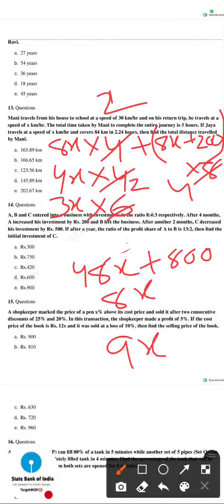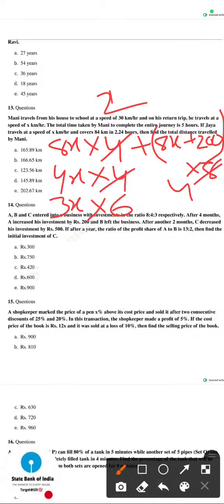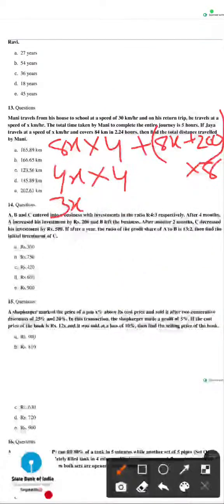Wait a second, I made a mistake somewhere. Let me check.